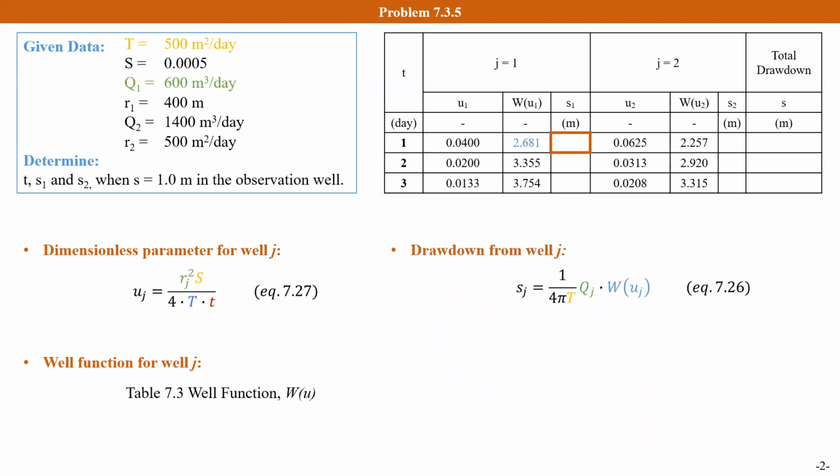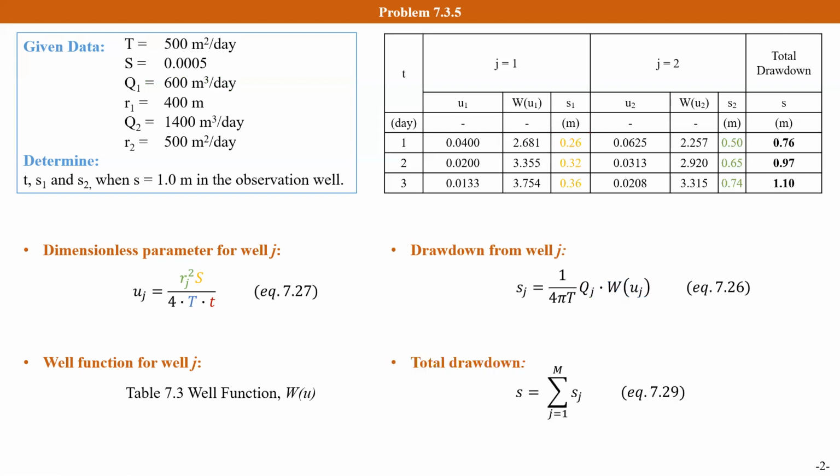The next step is to calculate the drawdown from each well by applying equation 7.26. After we bring these three values into the equation, we can get the drawdown, which equals 0.26. After we get the drawdown from each well, we add them together to calculate the total drawdown.